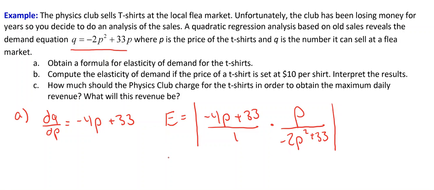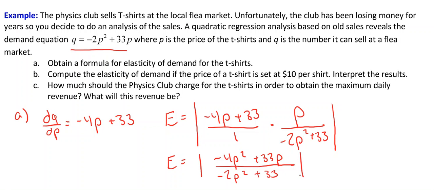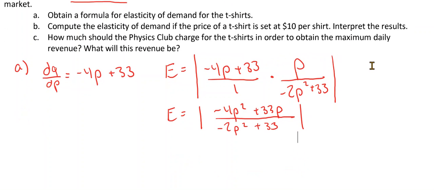Now, multiplying through the numerators, we get the absolute value of negative 4p squared plus 33p divided by negative 2p squared plus 33. Now, to get rid of the absolute value signs, as I demonstrated in another video, we can simply multiply through by a negative 1. It has the same effect as taking the absolute value, because multiplying by a negative 1 will change the sign from a negative to a positive.